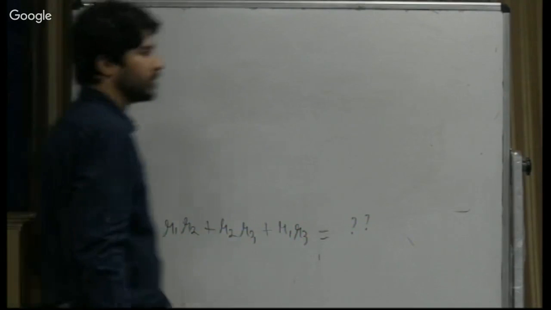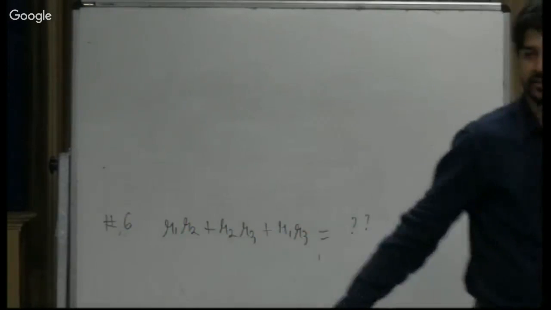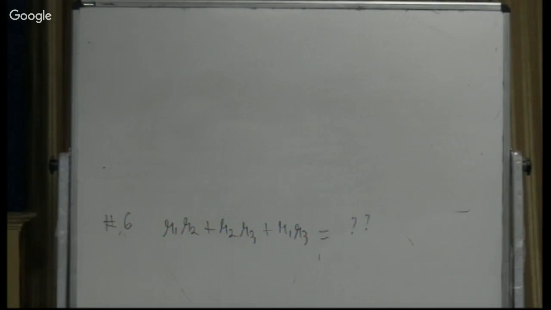You see, they're multiplying in a pair, right? R1, R2, R2, R3, R3, R1. क्या करें हम? इसको ऐसे लिख दो.